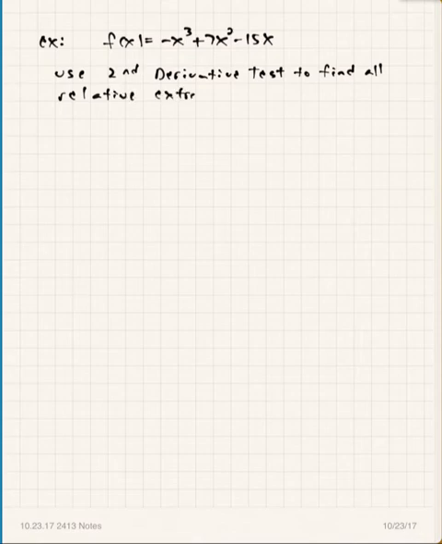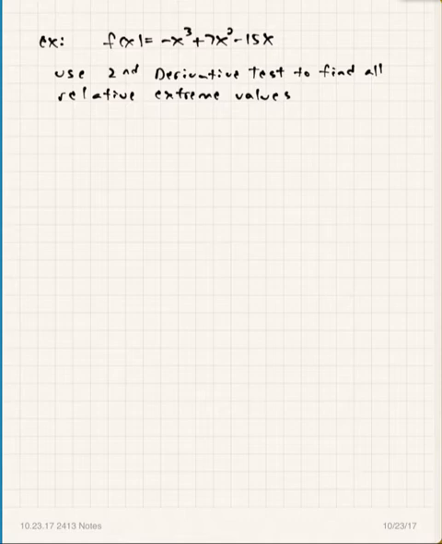Now this is a polynomial, so the second derivative test could be used here because the second derivative is going to be defined. There's no place where the first derivative is undefined here. And so we don't have to worry about those kinds of maxes or mins. We don't have to worry about cusps here at all. All we're worried about are these nice smooth maxes and mins where the derivative is equal to 0.